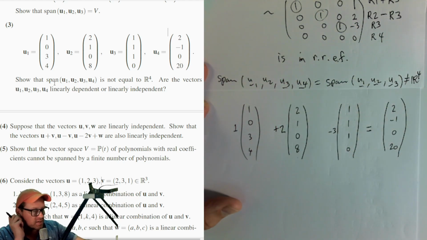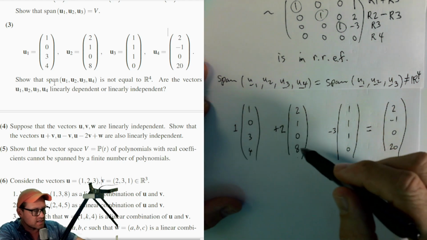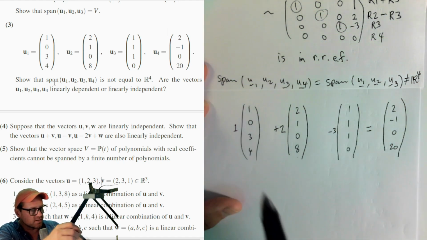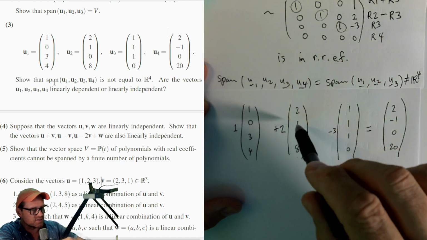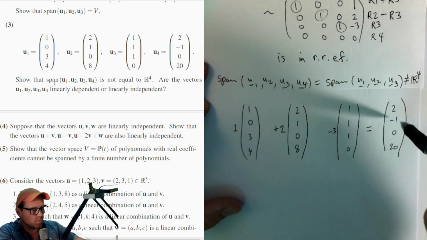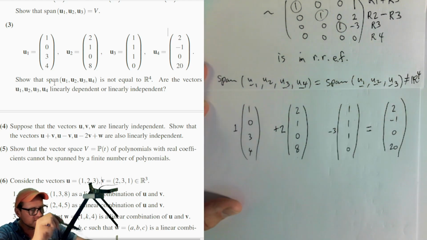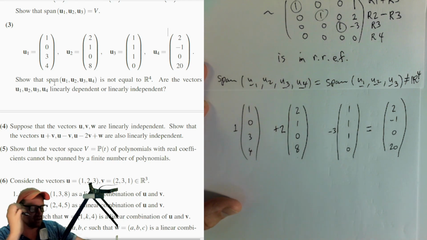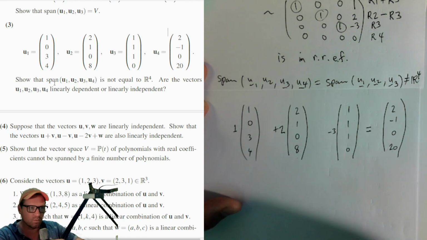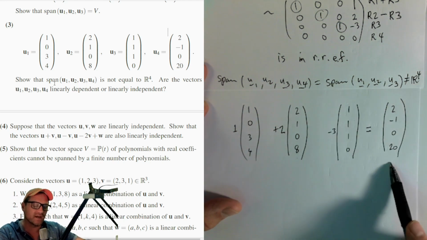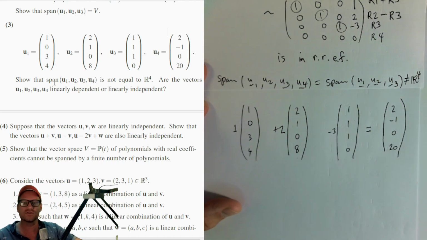Okay, so 4 plus 16 is 20. Does this work elsewhere? 3 plus 0 minus 3 is 0. Yes. 0 plus 2 minus 3 is -1. Yes. 1 plus 4 minus 3 is 2. Okay, yes, that's true. So we have found that this fourth vector is a linear combination of the first three.